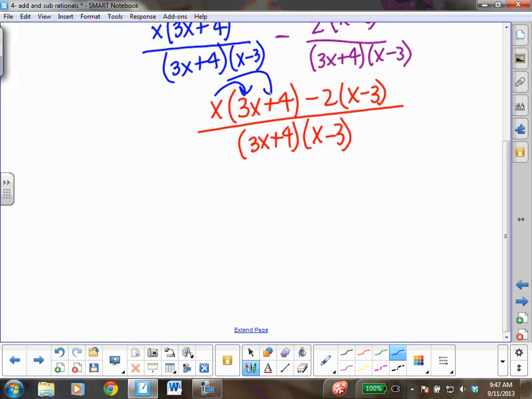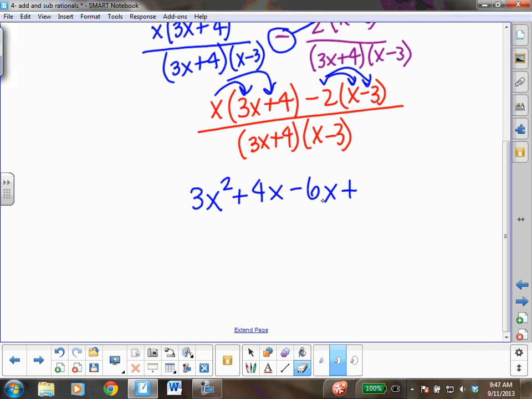So I'm going to distribute. Make sure that you keep the negative sign with the 2. So when I distribute the first term, I have 3x squared plus 4x minus the second one distributed, which would be 6x plus 2x plus 3.